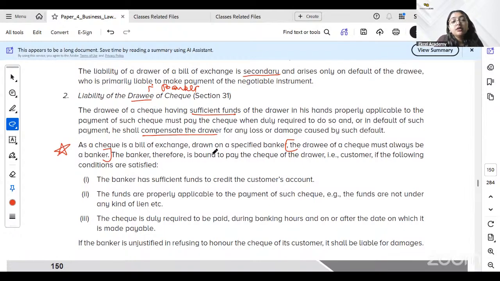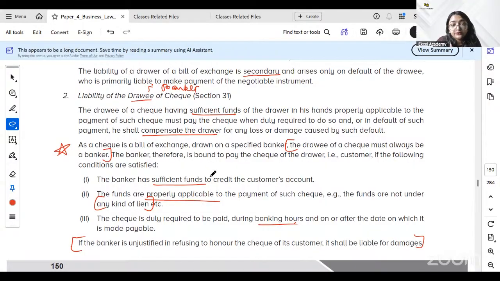The banker therefore is bound to pay the check of the drawer, that is the customer, if the following conditions are satisfied: sufficient funds are there, funds are properly applicable, there is no kind of lien on them or any reserves, and the check is duly required to be paid during banking hours on or after the date on which it is payable. If the banker is unjustified in refusing, it shall be liable for damages. For example, what is a valid reason for rejecting?